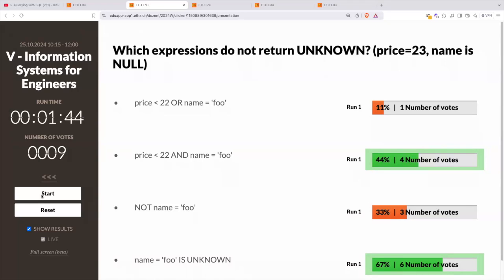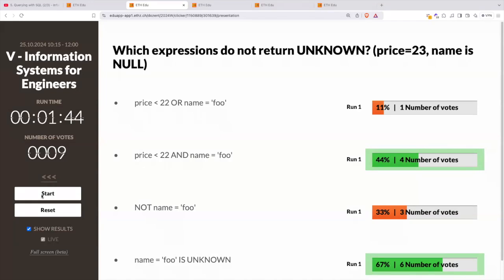The easiest one is the last one. We ask if name equals foo is unknown. Well, for sure, I told you if you use is unknown, is null, is not null, and so on, these ones never ever evaluate to unknown. If you use this, it's guaranteed it tells you yes or no, it's true or false. We can even try to evaluate it.